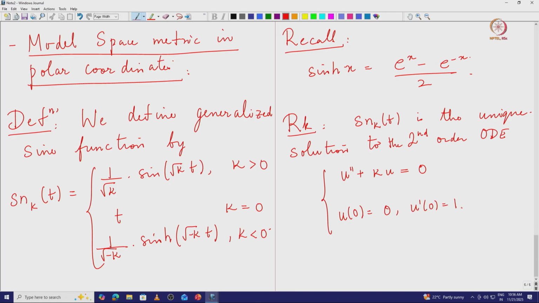Okay. So, the unique solution to this second order linear ODE is precisely given by this generalized sine function.